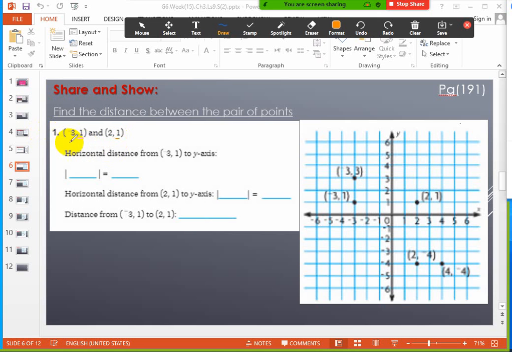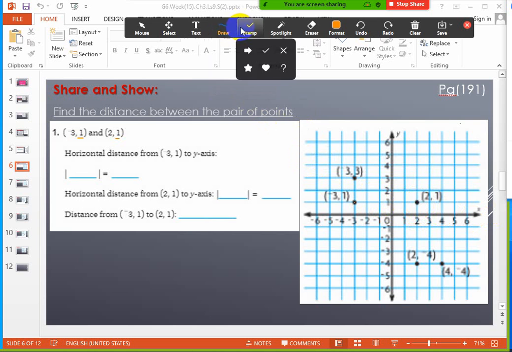So what is -3, 1? This is -3 on the x and this is 1 on the y, so this is the point here. What about 2, 1? The x is 2, this is the 2 here on the x, and the y is 1.